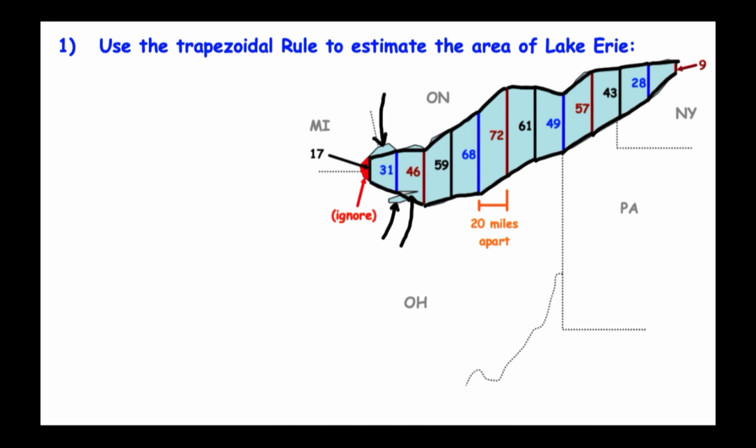And just like the Riemann rectangles, the more trapezoids you have and the skinnier the trapezoids are, the less error you have because you don't leave off that much of the lake up by Canada there. It's a better approximation. If you can make these trapezoids super skinny, you'd have a perfect answer. And that's how you figure out areas of things where you can't integrate and you can't have a function to go off of.